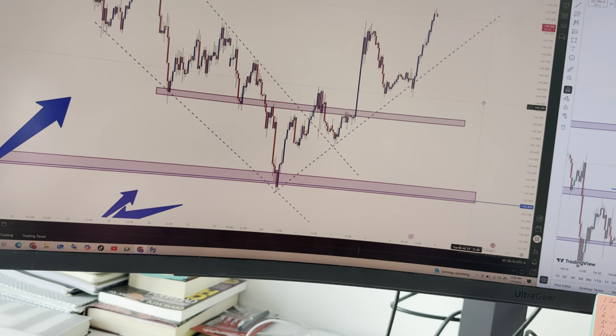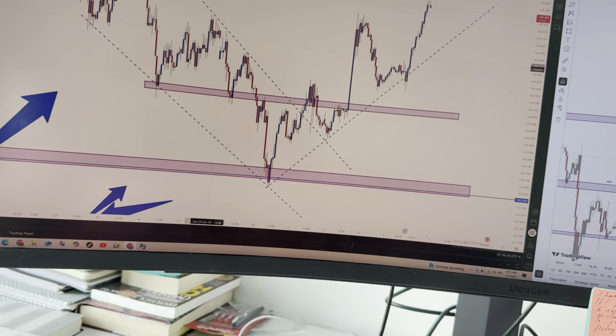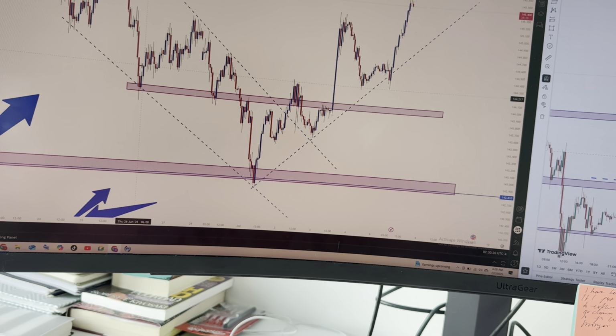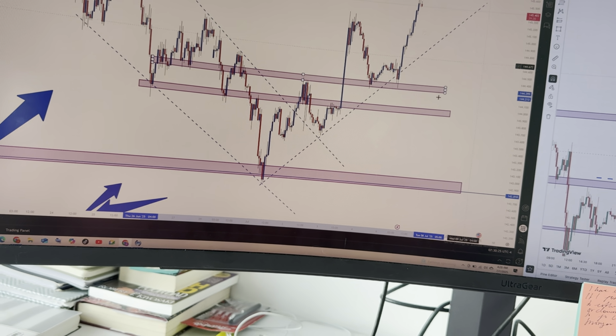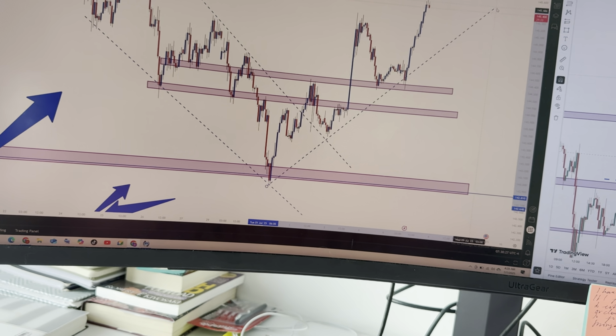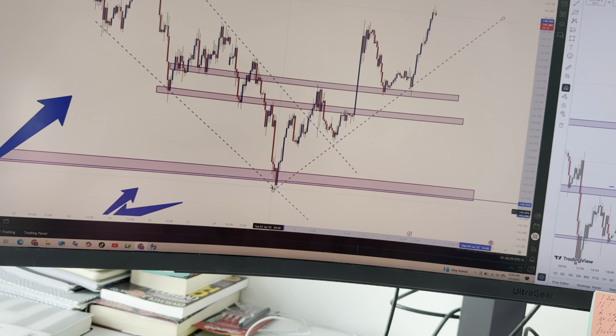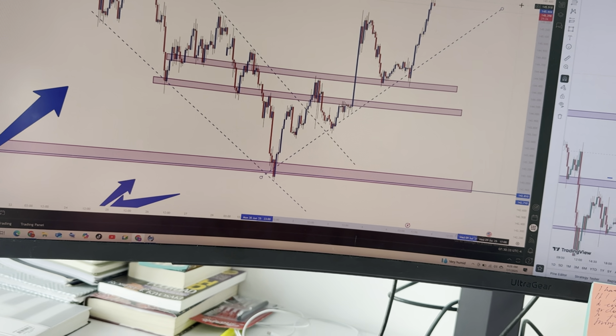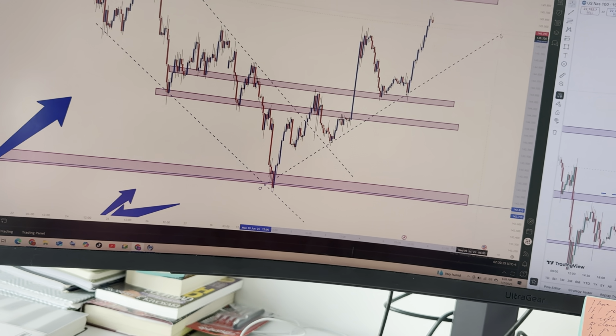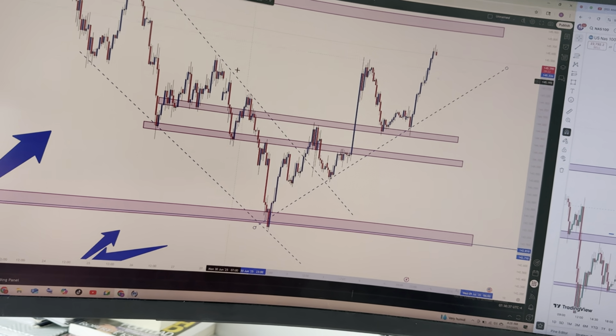Okay, so let us identify another support. So this is also our support. Why am I calling this our support? Look here. This is also our support. Why am I calling this our support? Because the market, look here.